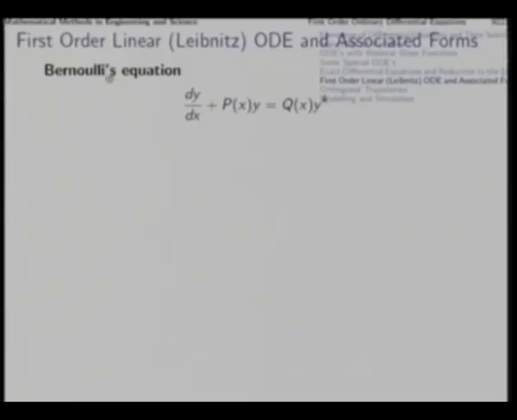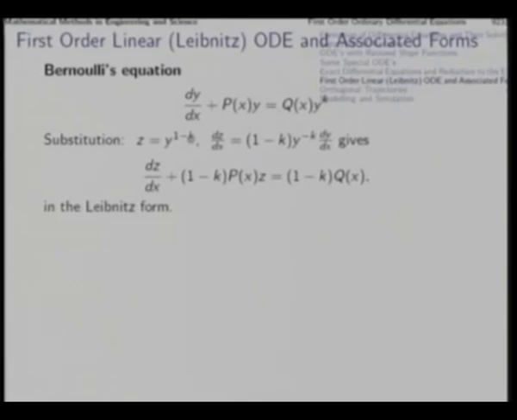One of them is Bernoulli's equation, in which, apart from q(x), a y to the power k term appears, which makes it a nonlinear equation. However, this y to the power k term can be easily removed by making this substitution.